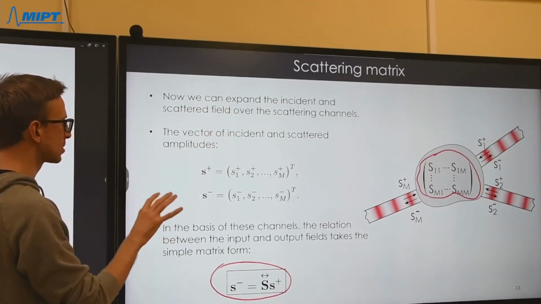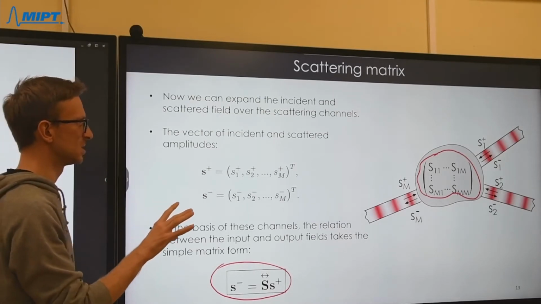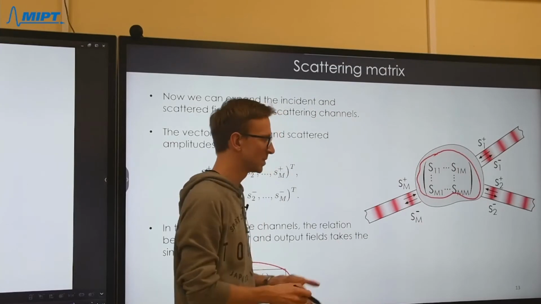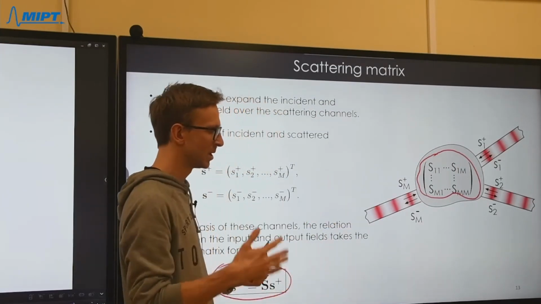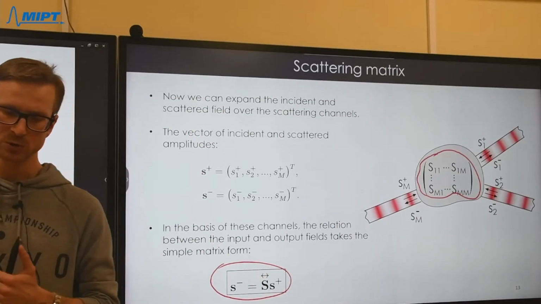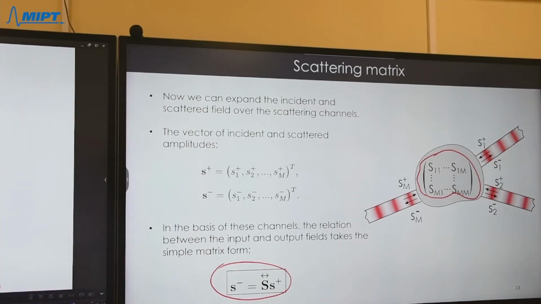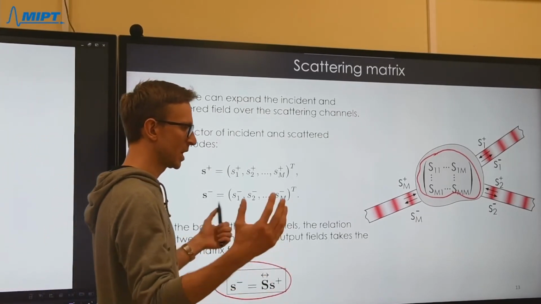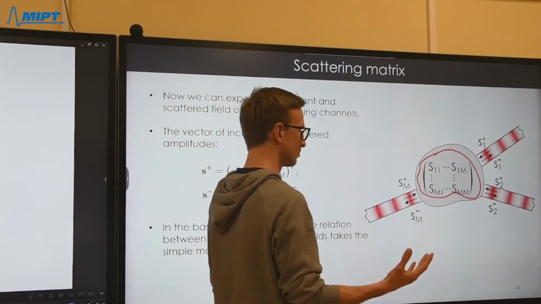It does not quite describe what happens to the fields inside. If we have the entire scattering matrix of an object written this way, for example, 2 by 2, 10 by 10 matrix, 100 by 100, we don't really know what happens to the system because the S matrix relates only incoming fields to the outgoing ones.